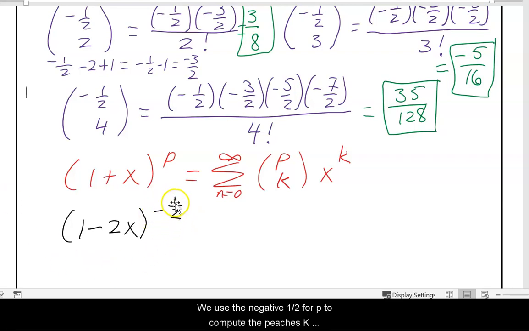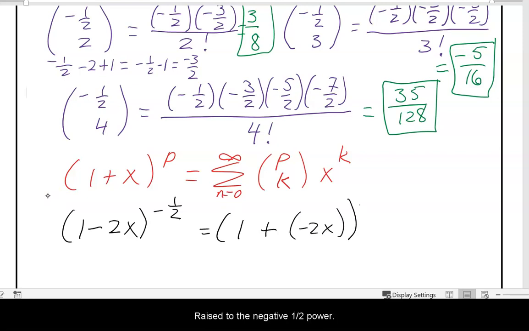We use the negative 1/2 for p to compute the p choose k, but we now need to write this part in the format of a binomial series. We do have the 1, but we don't have the plus. That's taken care of easily by simply writing it as plus a negative 2x raised to the negative 1/2 power.